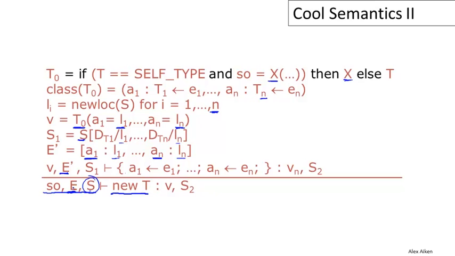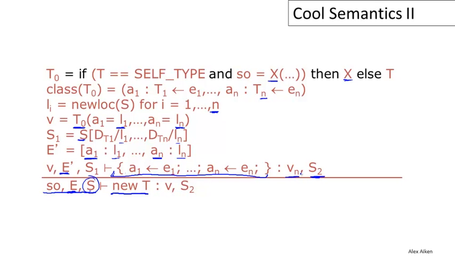These environments, E and E prime, are completely separate. E prime has in scope the names of the attributes of the class. E is some other environment. There's some function somewhere that's calling new T, and the variables that are in scope there are just completely different.